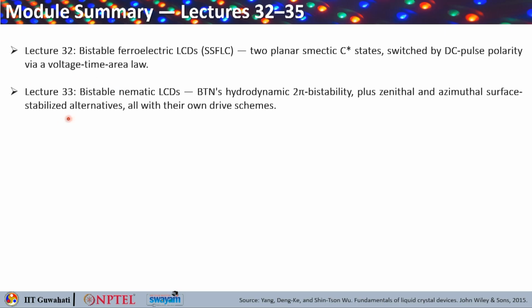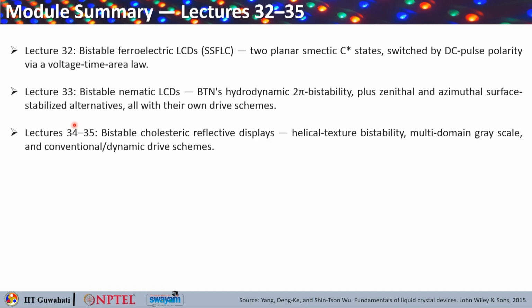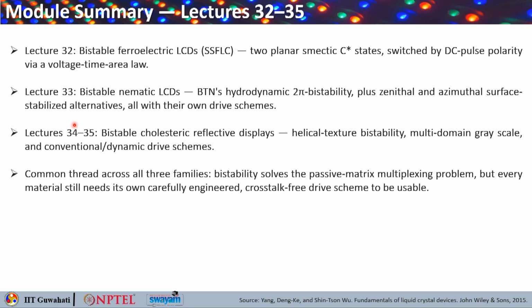In lecture 33, we discussed bistable nematic LCDs, where we covered BTN's hydrodynamic 2 pi bistability plus zenithal and azimuthal surface stabilized alternatives, all with their own driving scheme. In lectures 34 and 35, we discussed bistable cholesteric reflective displays, where we talked about helical texture bistability, multi-domain grayscale, and the conventional and dynamic drive schemes.